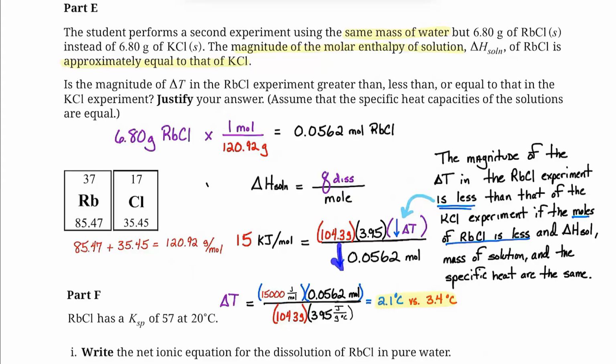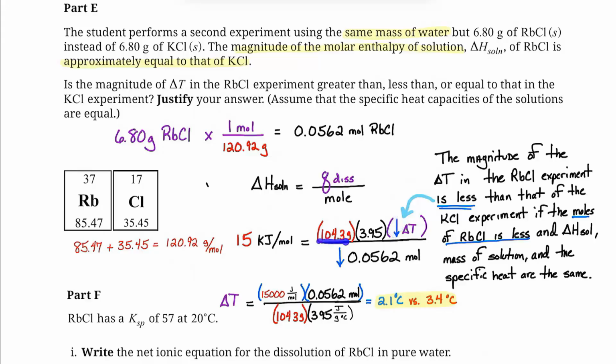Because if you're going to decrease your denominator and keep this constant, the only way to keep this constant is that the numerator's got to get smaller, because anytime you decrease a denominator, the value increases. So they said that the enthalpy is approximately equal. So keeping this the same, the only thing we can do to combat the decrease in moles, which should increase it, is to decrease the numerator.